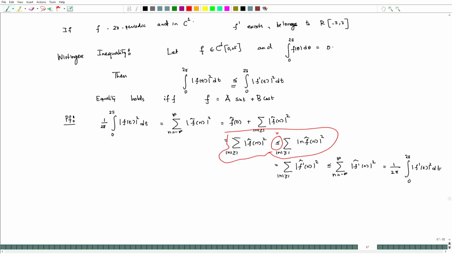If both sides are equal, then this is going to be equality. This suggests, what does it mean?